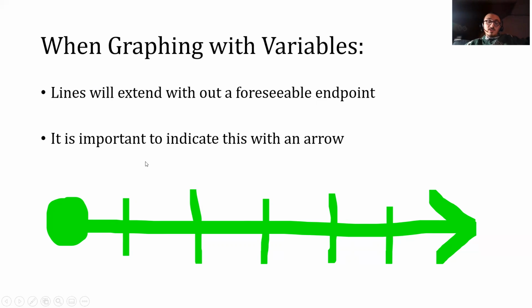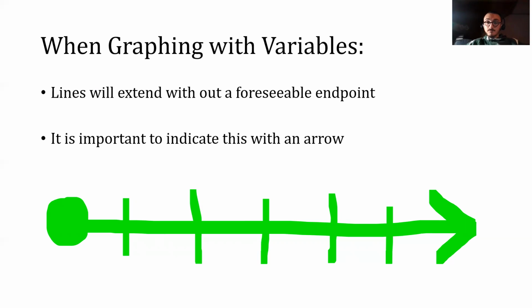The reason that we're using the arrow, say we have x is greater than 5. We know that 5 is a good starting point, but we know that x is greater than 5. So if it's greater than 5 and we don't know the exact value, it's just going to keep going on down the greater end of the scale. So our line plot will have an arrow. Same thing if it is less than, it is going to be going down to the left side. It'll be going in the opposite direction of this arrow here.